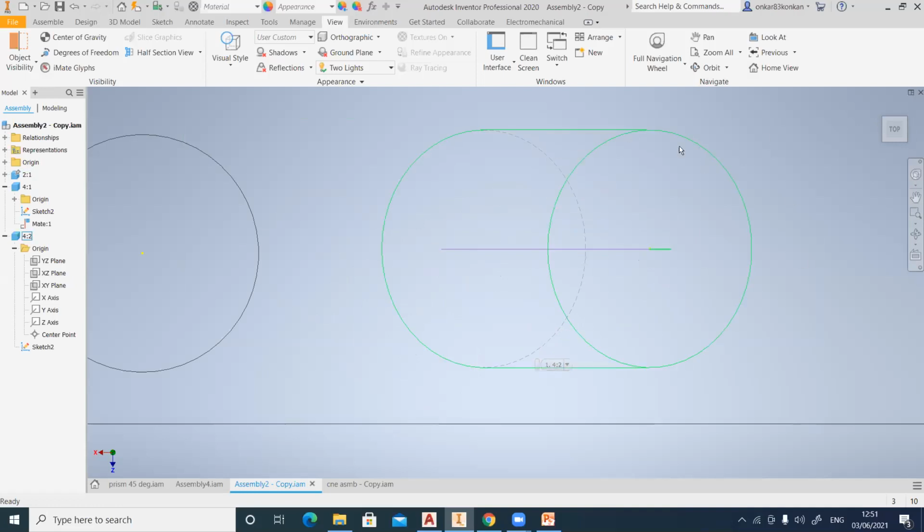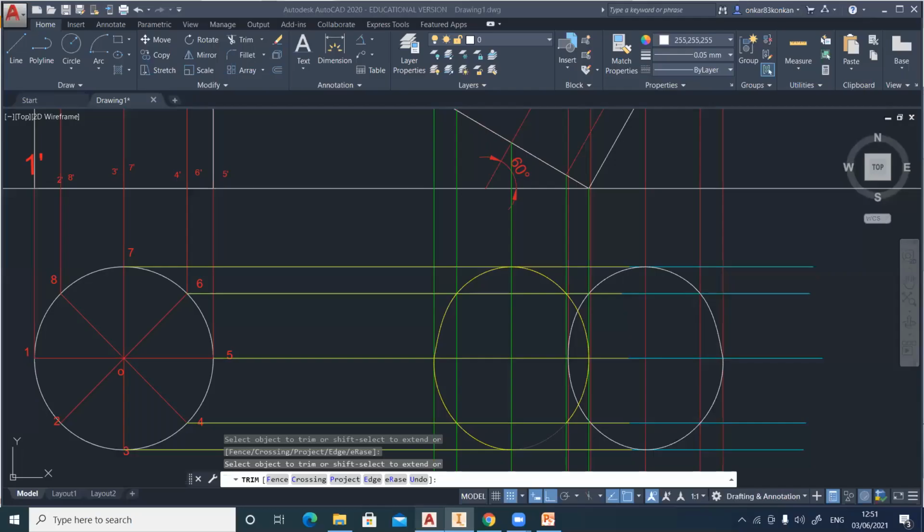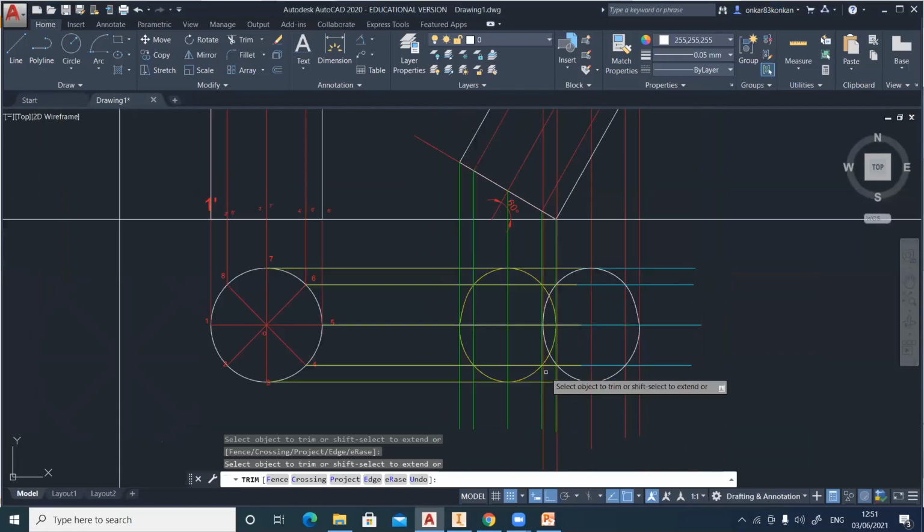The top base is completely visible, so this ellipse will be completely visible, and half part of the second ellipse, which is at the bottom base, will be hidden. We show this part by using a dash line.